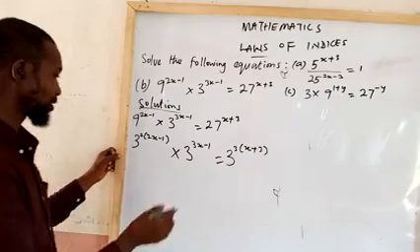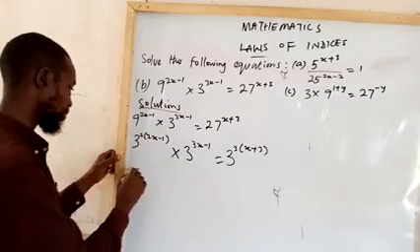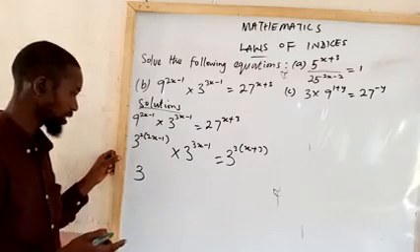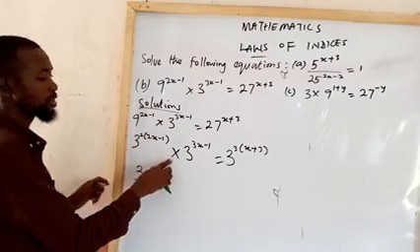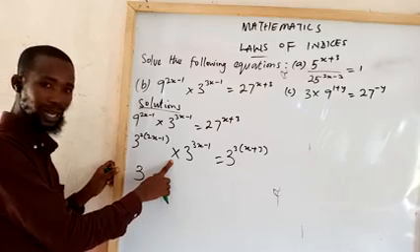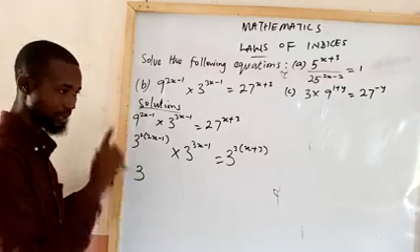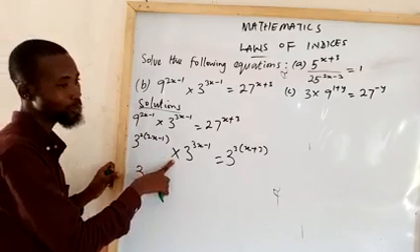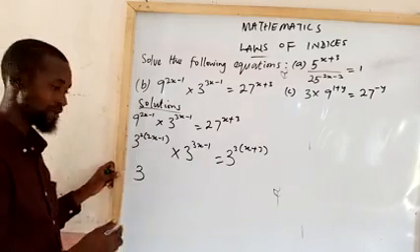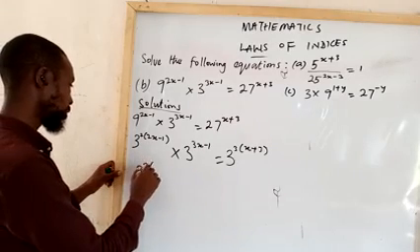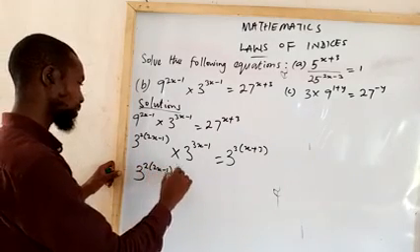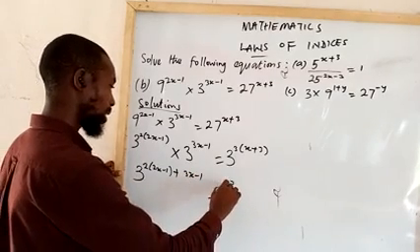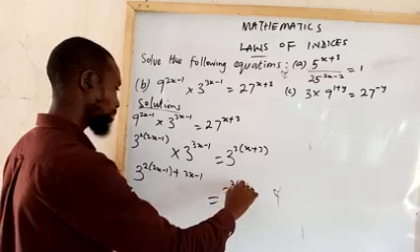If the bases are the same, we know from the first rule that one of the two bases is going to be selected, and multiplication will no longer function as multiplication, but rather as addition, addition to the powers which we have. So that's going to become 3 raised to power 2 into 2x minus 1 plus 3x minus 1, equal to 3 raised to power 3 into x plus 3.